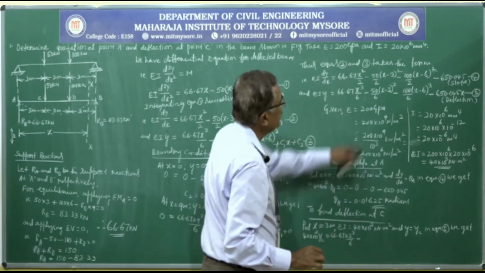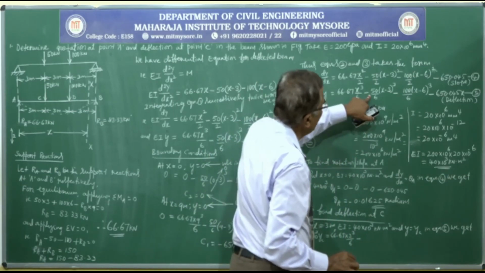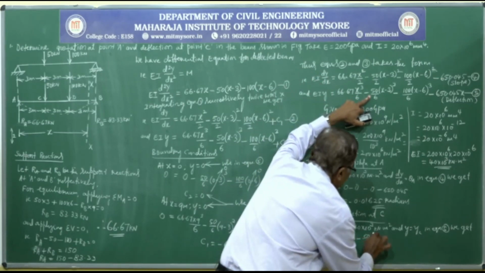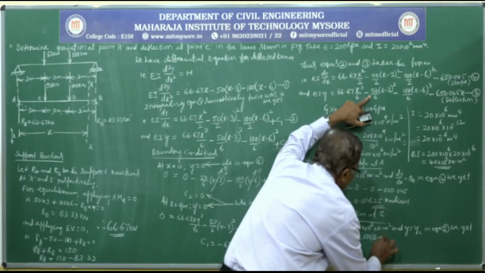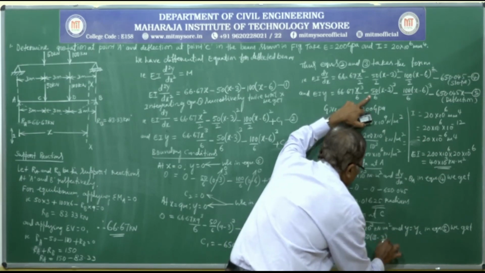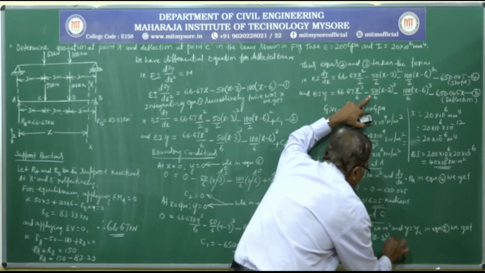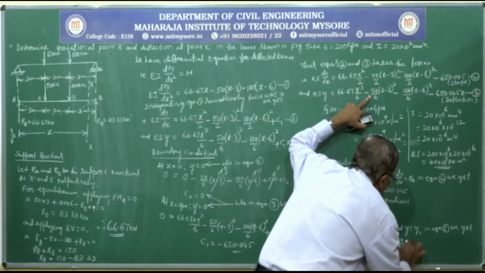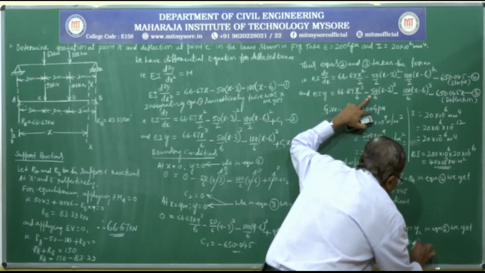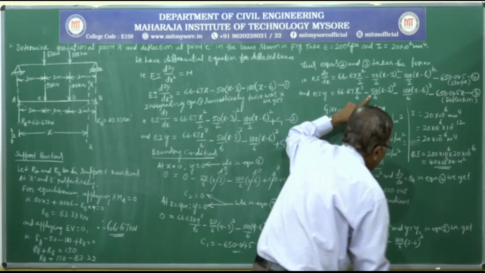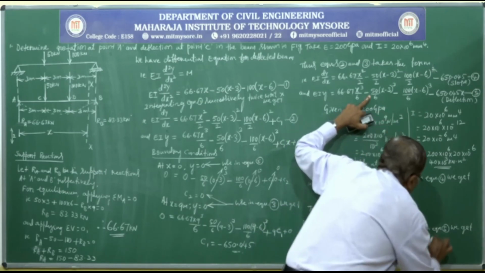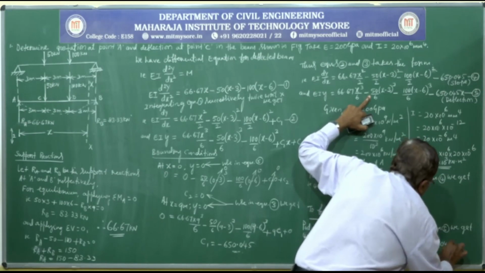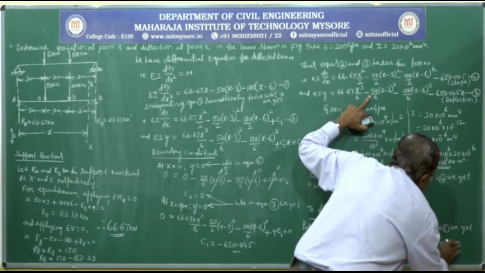minus, see here, if we substitute here 50 into 3 minus 3, 0, cube, minus 100 by 6 into 3 minus 6 whole cube, minus 650.045 into 3.